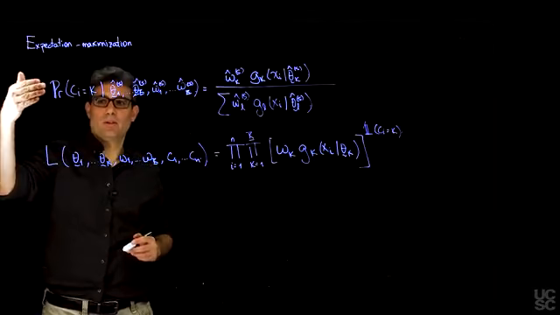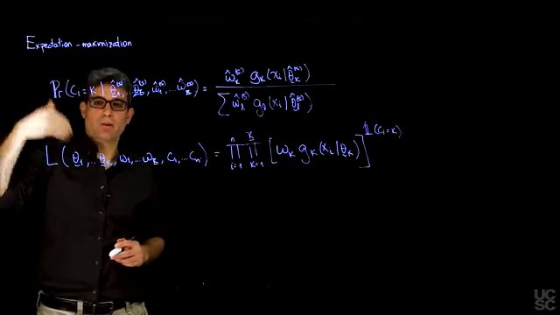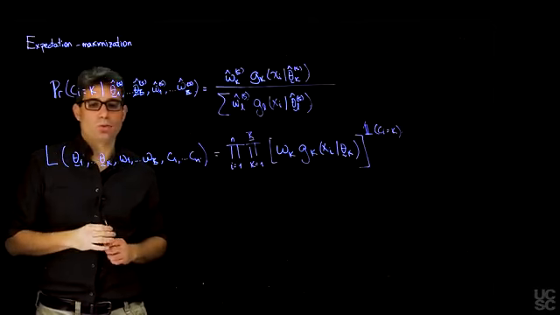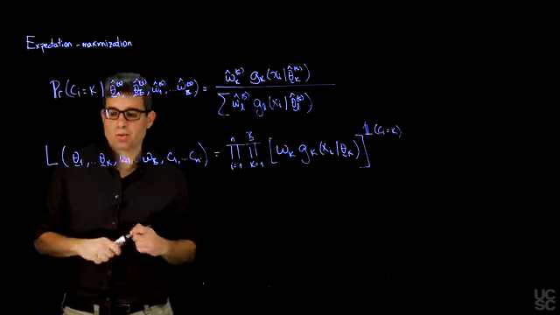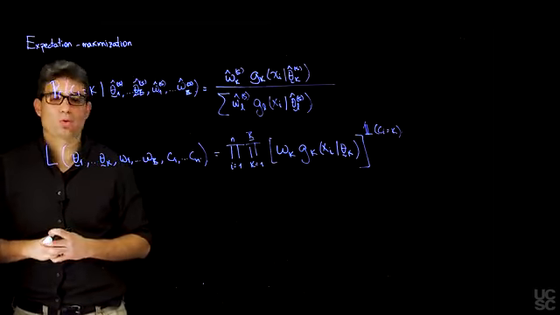Once we have these two pieces, we have the probability of the C sub i's, and we know what the complete data likelihood looks like, then we can proceed to compute the Q function for our mixture model.